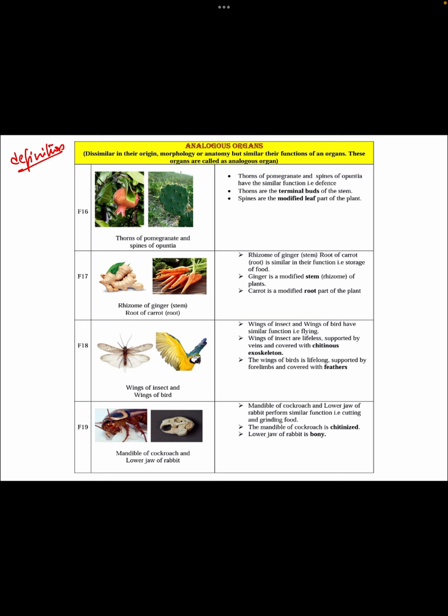It can be thorns of pomegranate, spines of Opuntia, rhizome of ginger, root of carrot, wings of insects, wings of bird, mandible of cockroach and lower jaw of robin. You see the pictures. For each of the things you have to know the key points. If you read these 3 points for each of the diagrams or particular things, definitely it will fetch you marks.